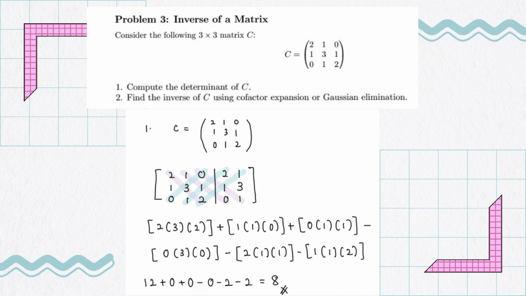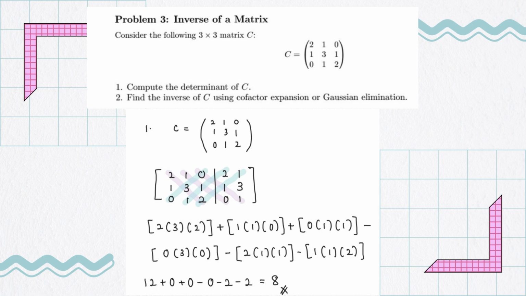For this method, first we write the first, second and third columns of the matrix C as usual. Then we write again the first and second columns only next to the matrix. So that we don't get confused, we make the line boundary as you can see.